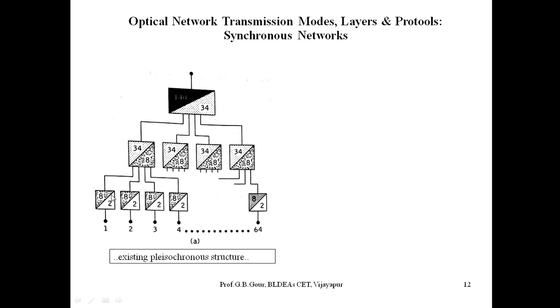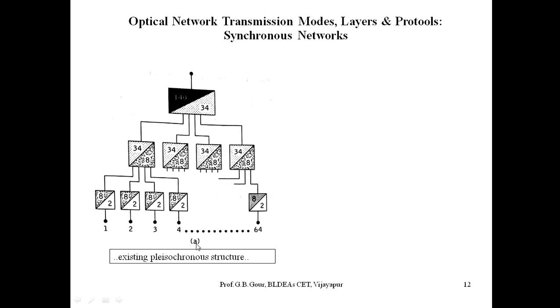Then such 4 8 Mbps PCM frame systems are combined to provide 34. Like that, again 34 such systems are combined to give you 140 or something like that.